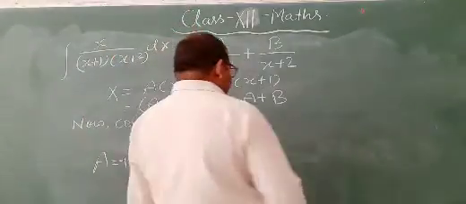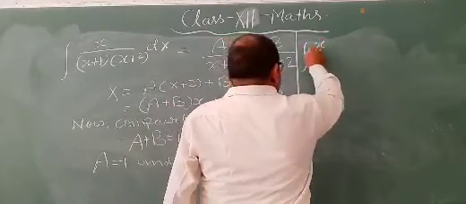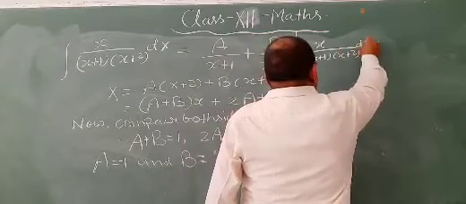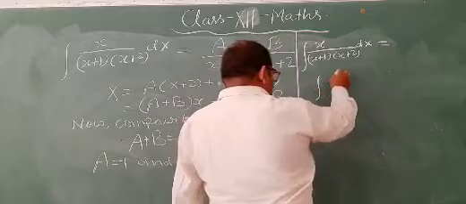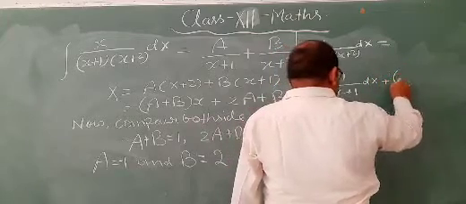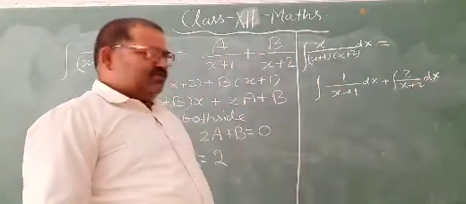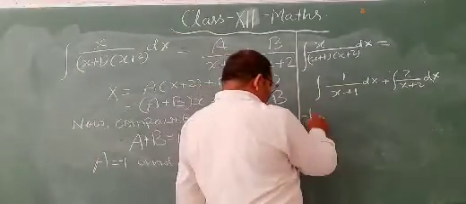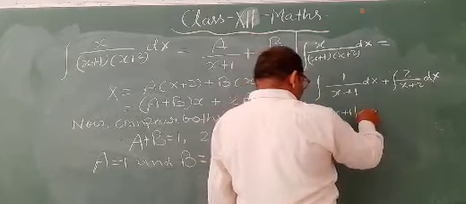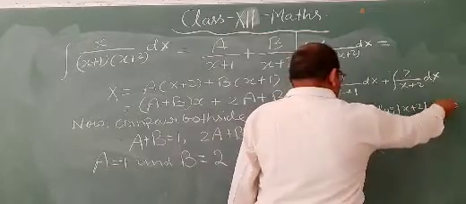Now integral of x upon (x plus 1)(x plus 2) dx equal to integral of minus 1 upon x plus 1 dx plus integral of 2 upon x plus 2 dx, that's equal to minus log(x plus 1) plus 2 log(x plus 2) plus c.